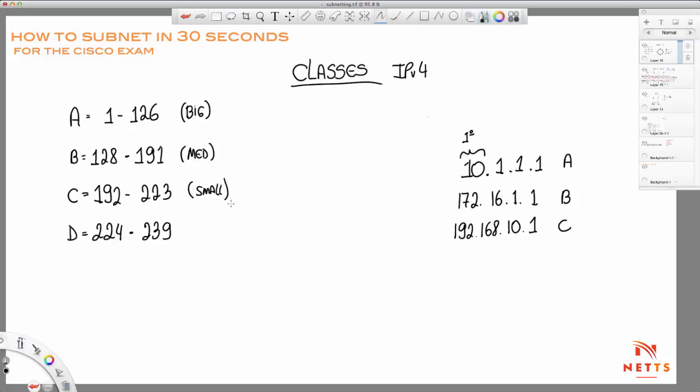And the class D address I can use just for multicast applications or protocols. Most of these class D addresses are reserved specifically for routing protocols.